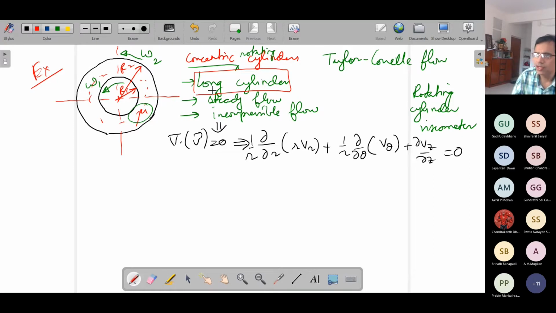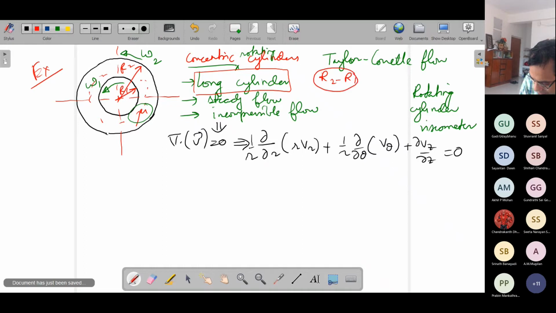So which one will you call short and which one will you call long? Is it 1 meter, 1 kilometer, 1 millimeter, 1 micron, what? So this long and short is reflective of R2 minus R1.